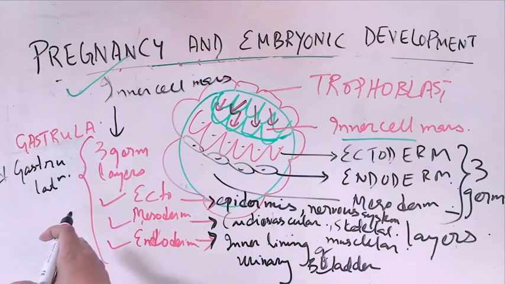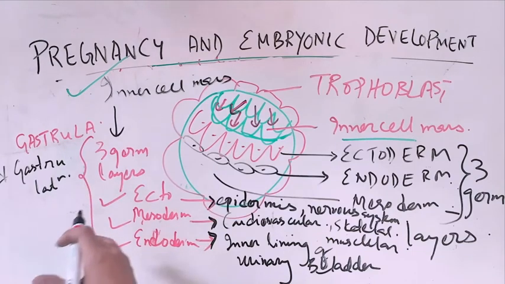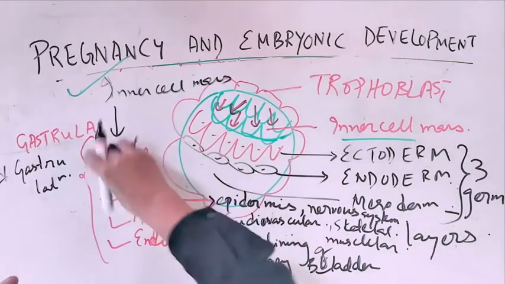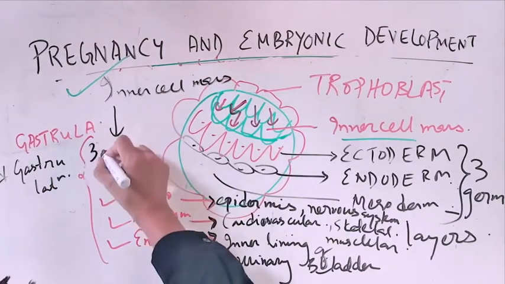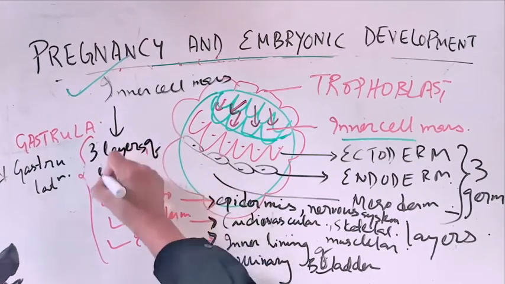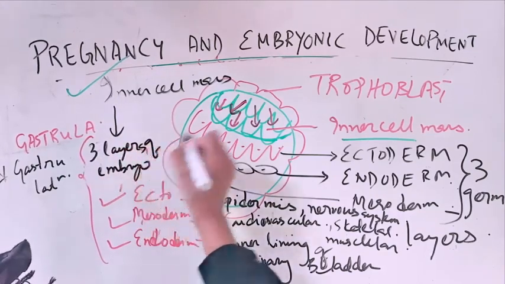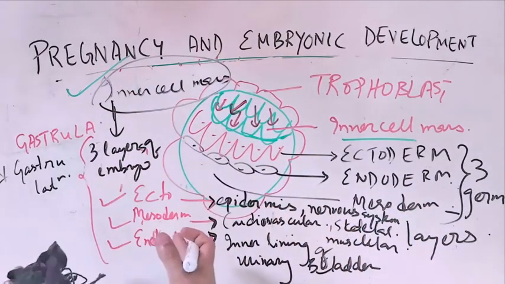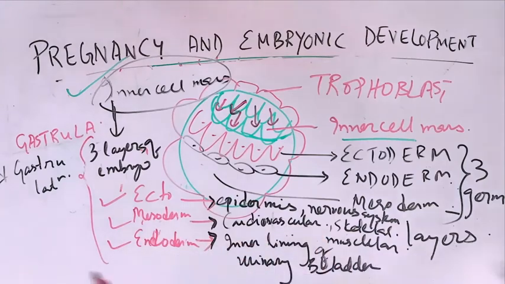The process is gastrulation, the structure is gastrula, which has the 3 germ layers, or the 3 layer structure of an embryo.